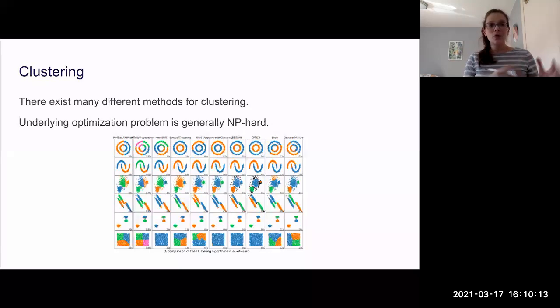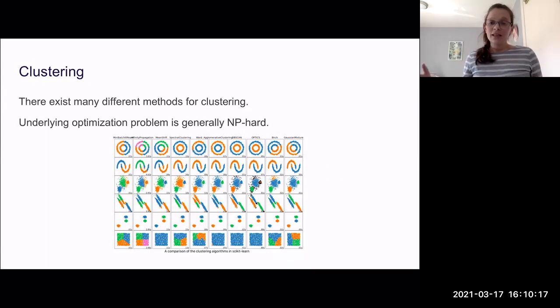And most of these optimization problems, no matter how we're defining them, are NP-hard problems. We're trying to think about these discrete number of groups that we're looking for and to optimize whatever metric we've chosen. And so we generally are landing in this hard optimization problem world of NP-hard problems.